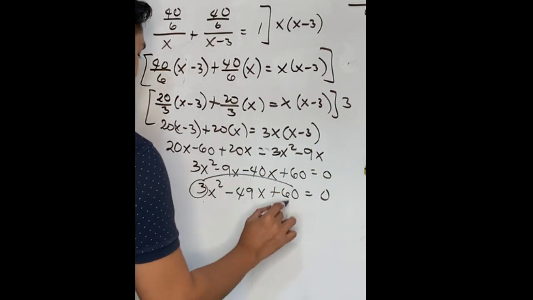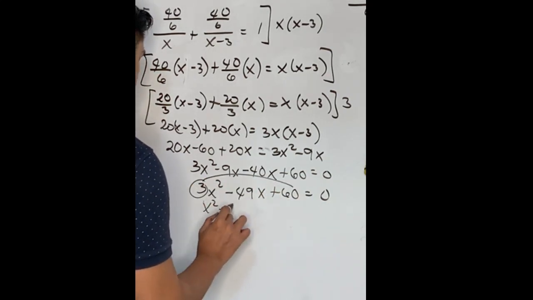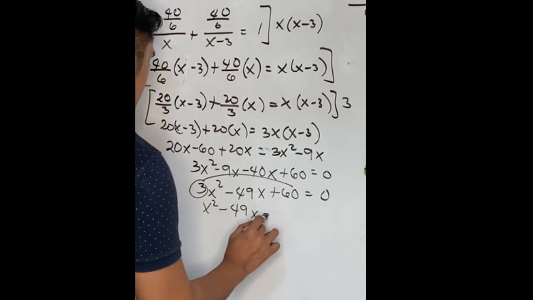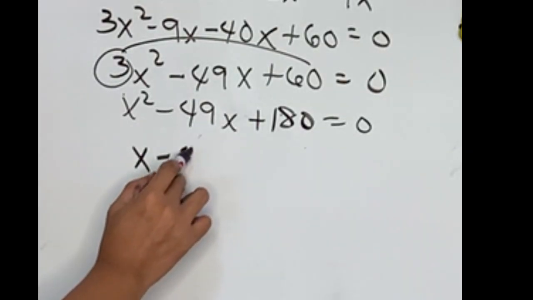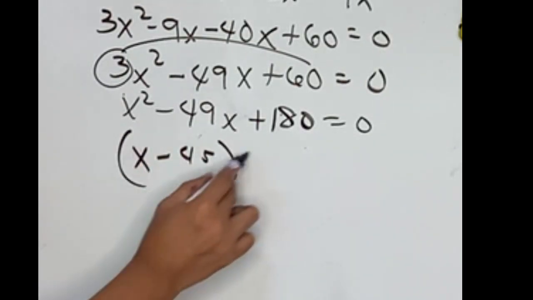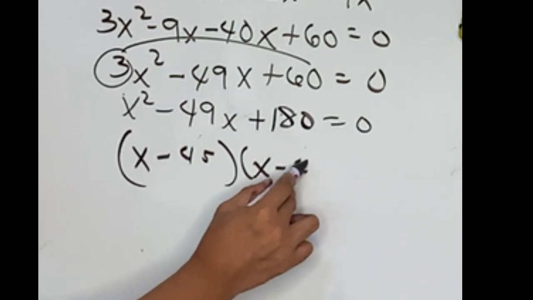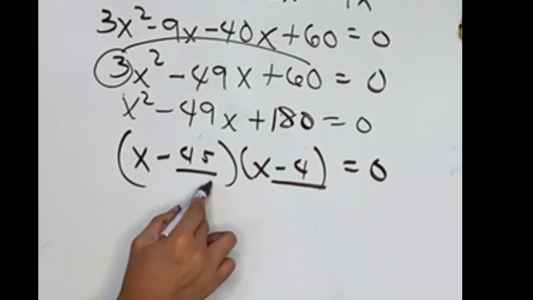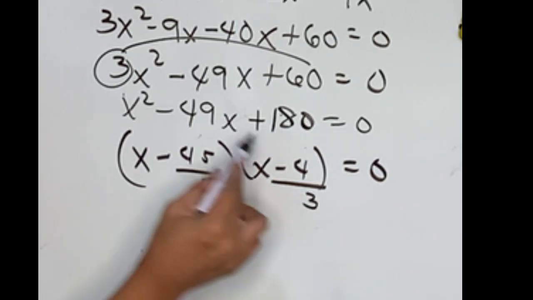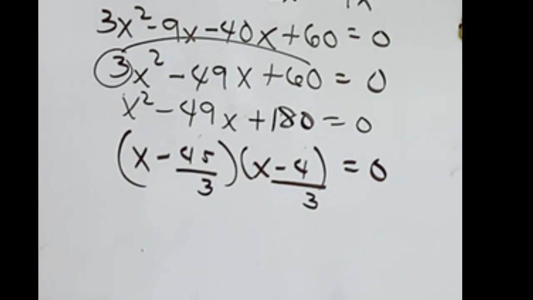So multiplying 3 to 60, you will have x squared minus 49x plus 180 is equal to 0. You will have x minus 45 times x minus 4 is equal to 0. Divide by the number that will multiply to 60.